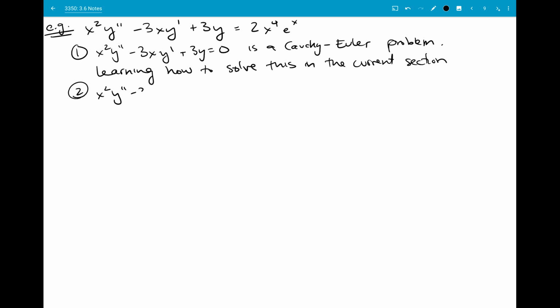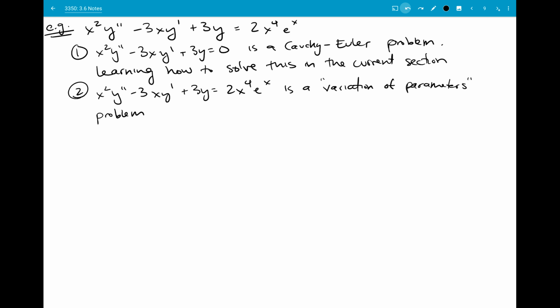But x squared y double prime minus 3xy prime plus 3y equal to 2x to the fourth e to the x is a variation of parameters problem. So it's non-homogeneous. So it's either variation of parameters or undetermined coefficients. But since you have things that depend on x in front of your derivatives and y, you have to use variation of parameters. And we already learned how to do that.